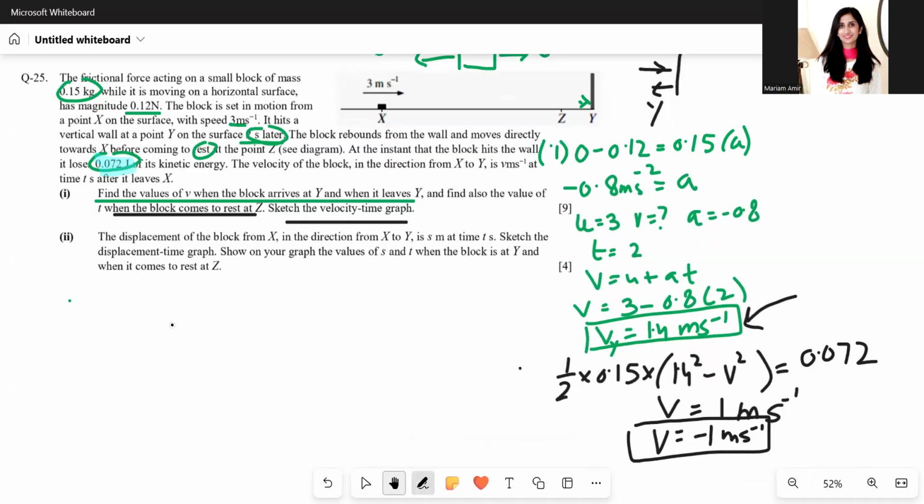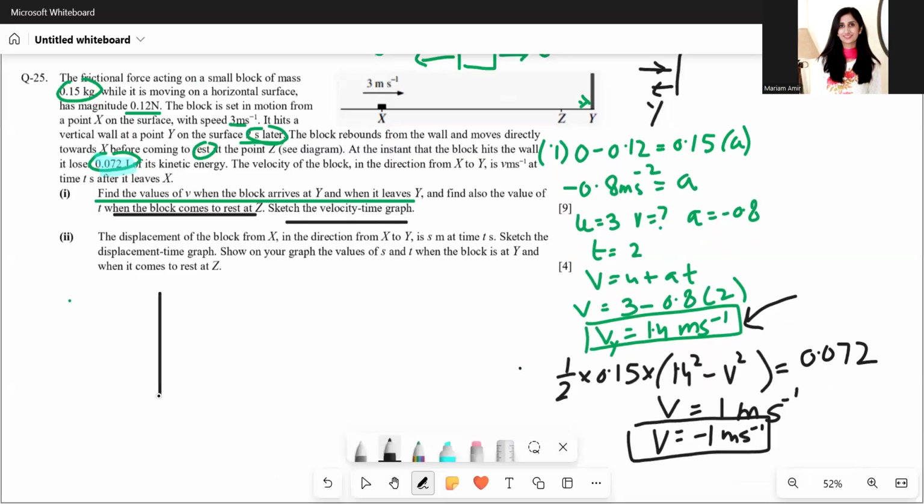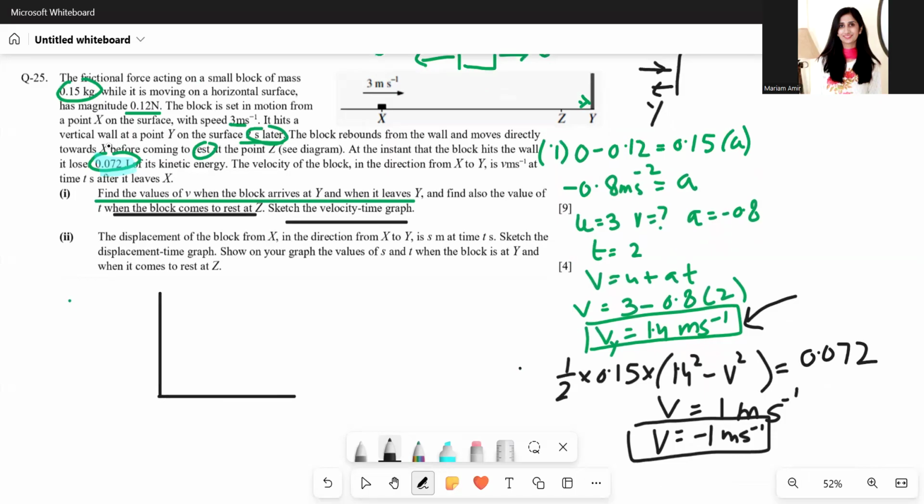Let's do that. So we have time here, velocity here. You must write time in seconds and velocity in meters per second.